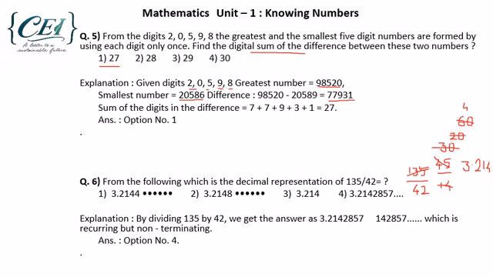Add 0. 14 twos are 28, so 2, and the remainder is 12.